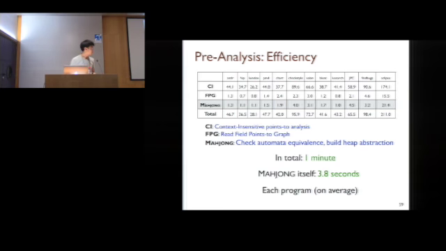So in total, the pre-analysis time for each program is only about 1 minute on average, and MAHONG itself spends only 3.8 seconds on average. And this benefits from our automata solution. So it shows that MAHONG is very efficient.